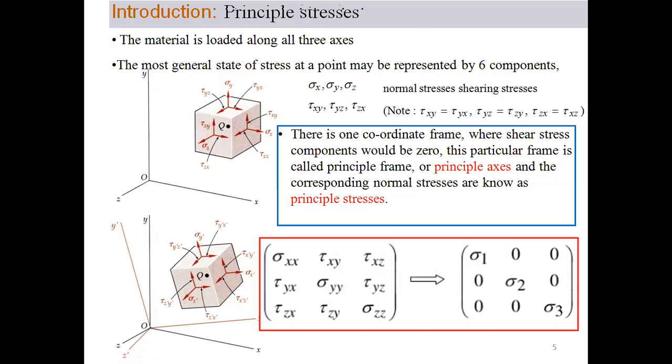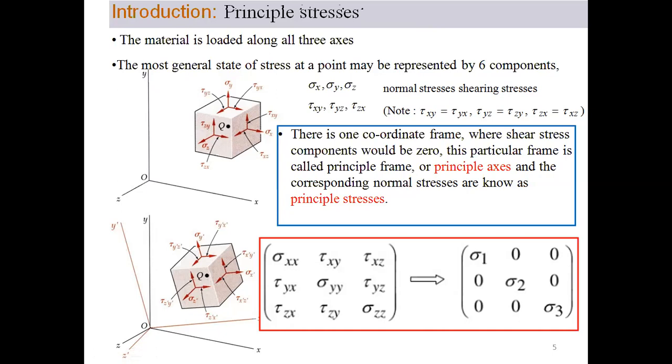What does that mean? It means that we would have infinite number of stress values at point Q. We would have infinite number of stress matrices or strain matrices at point Q.